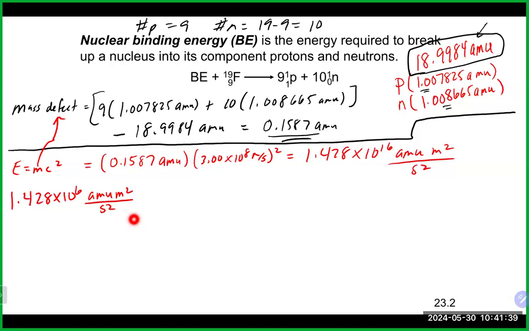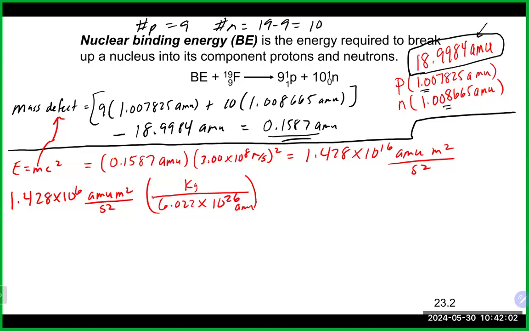We could actually divide 1.428 times 10 to the 16 AMU meter squared per second squared by our friend 6.022 times 10 to the 26, actually, not 23, but 26, AMU per kilogram, because 23 is for grams and 26 is for kilograms.